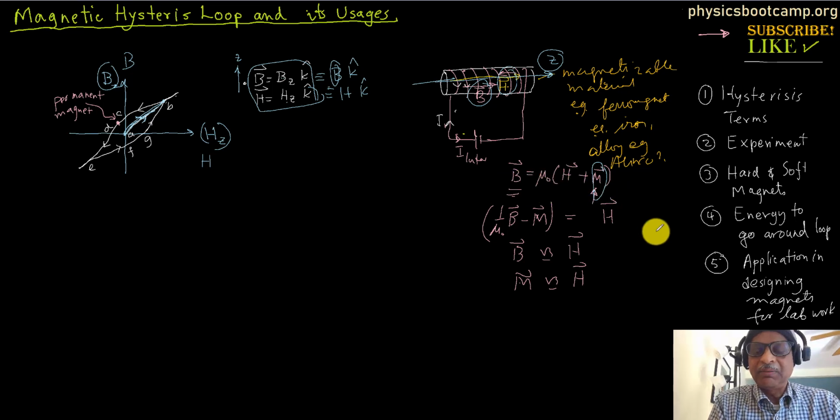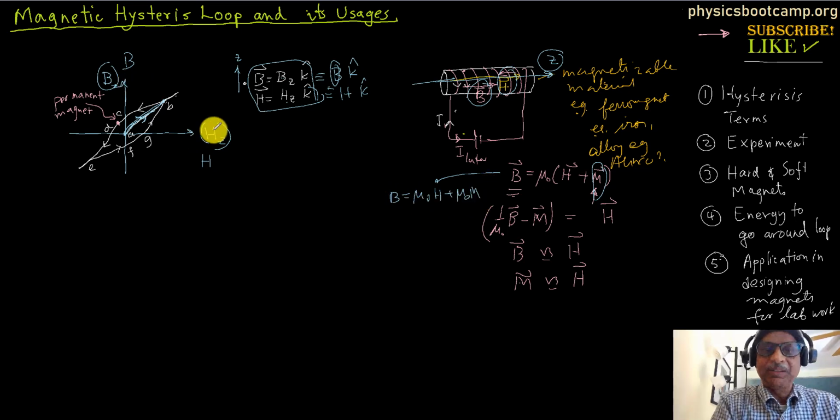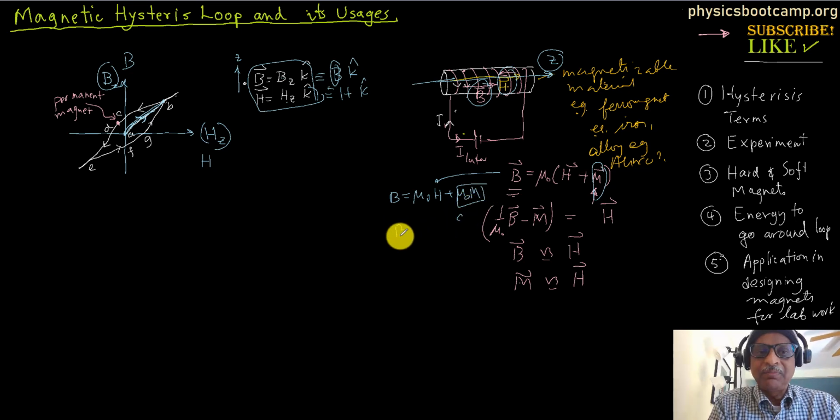So after there's B, you can see I reach the maximum of that. If you just look at it component-wise, B equals mu naught H plus mu naught M. So it's like the equation of a straight line in this plane, right? So this is now some constant, then B equals mu naught H, let's call it little b.